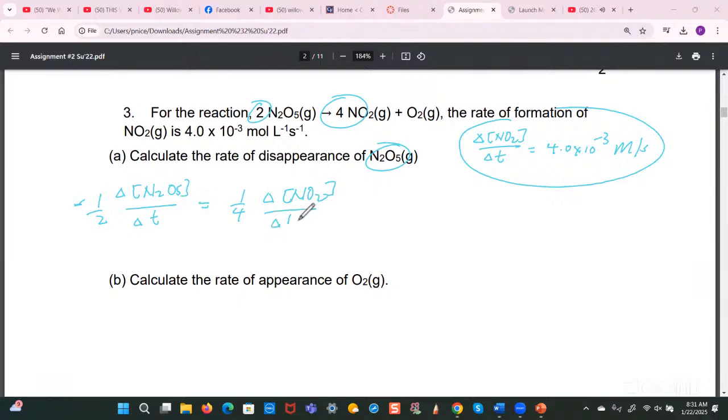All right? Now this here, we already know, is equal to 4.0 times 10 to the minus 3 M over s, right?